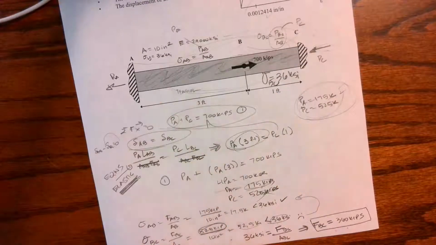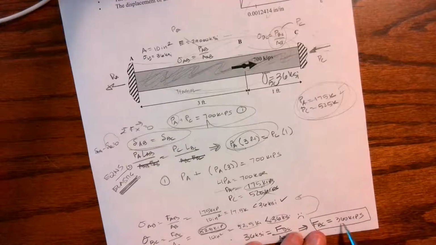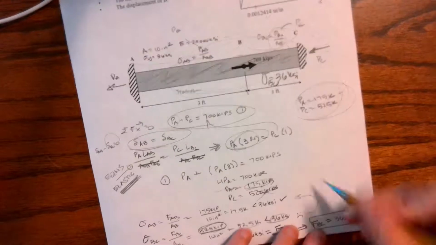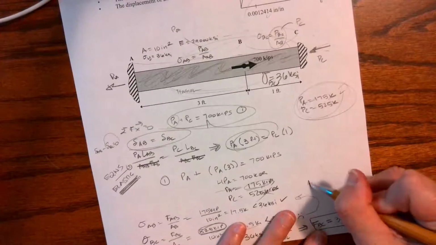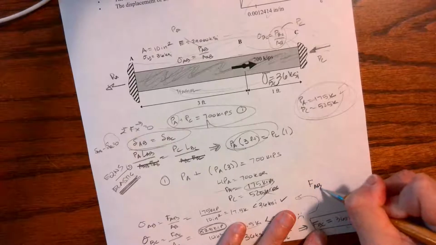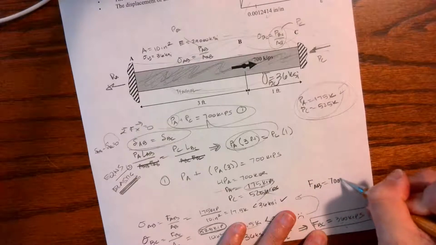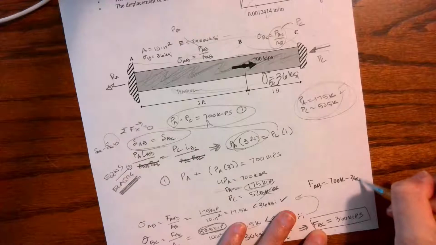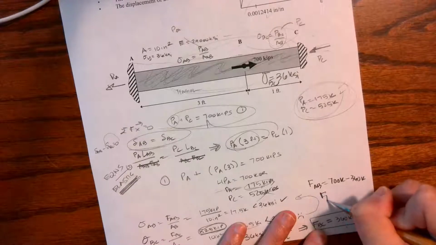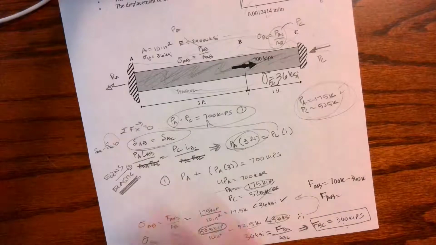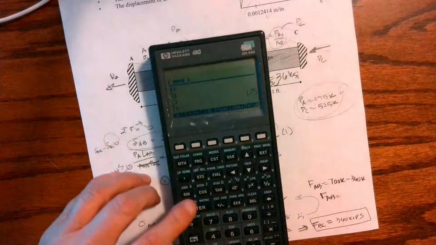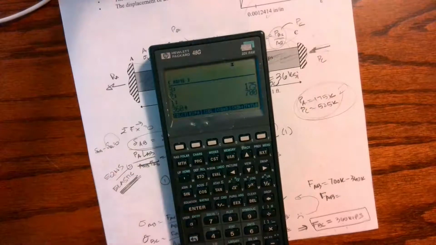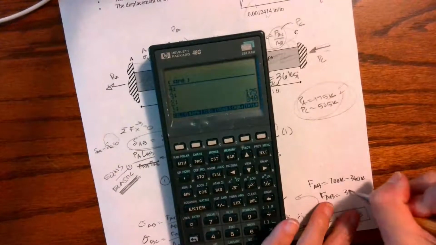So how do I find stress AB? Well, if I can only carry 360, then force AB has to be that original 700 kips minus 360 kips. So the force in AB is 700 minus 360, 340 kips.